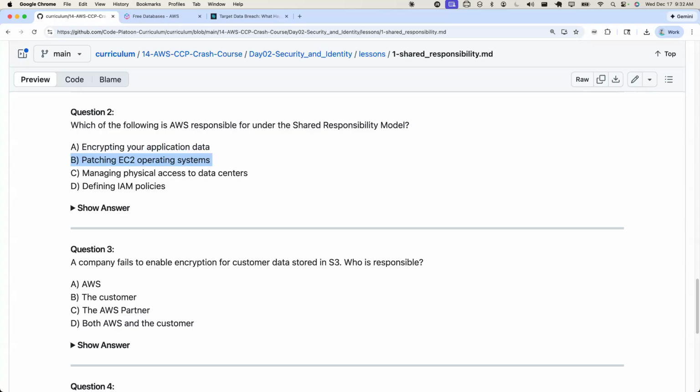No. And Sam, I saw you shaking your head there as well. And managing physical access to data centers? Yes. Yeah, exactly, and thank you guys. Even though this is an easy one, it's not always easy to parse these questions, and just seeing these helps you get more familiar with them and reading them through.